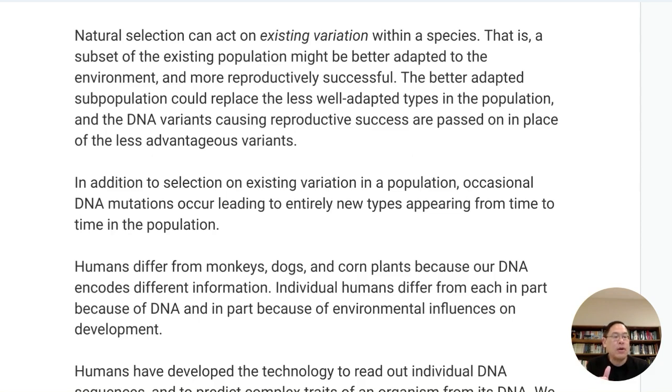The more DNA two individual humans have in common, the more similar they are likely to be. And also, if you look across the animal species, the animals which have the most similar DNA to humans, i.e. chimpanzees, great apes, they are more similar to us than, say, a lizard or a corn plant.